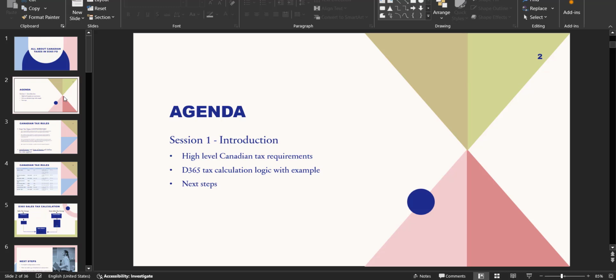And then secondly, mostly for beginners, if you're not familiar with how Dynamics is calculating tax, I'm going to explain that logic with a specific example, right? And then also we can see how that can be applied to Canadian tax calculation. And finally, I will walk you through all the following items in the next upcoming episodes. What are the key points I'm going to address so you can really pick and choose to find out what is most useful for you.